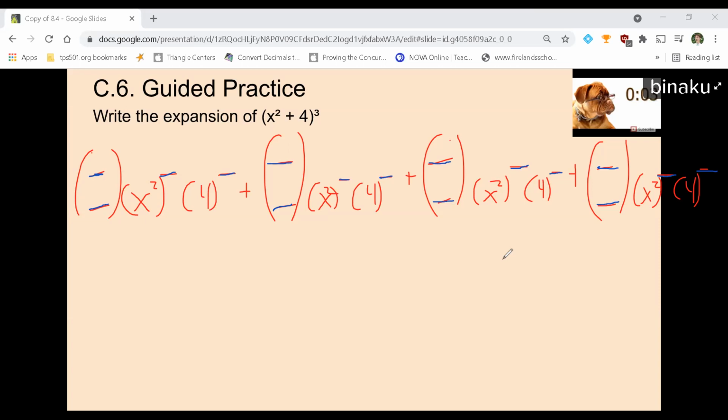Okay, I'm gonna give you 15 seconds to look at a neighbor's paper before I call on someone randomly to tell me these numbers in this pattern.